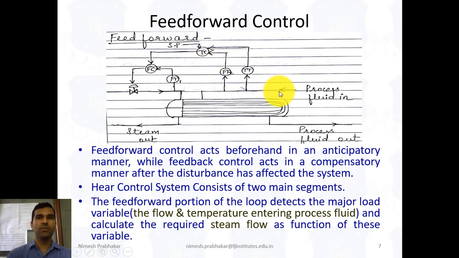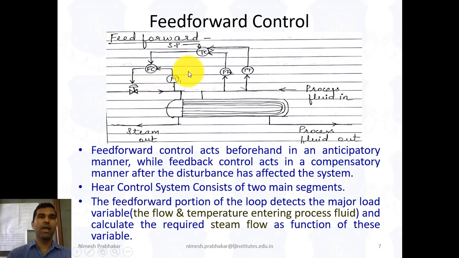Then the inlet water temperature and inlet water flow are both measured first and given to the temperature controller, and according to that inlet water temperature and flow, we also measure the temperature and the flow of the inlet steam. So to maintain this outlet temperature we control the flow of the steam.